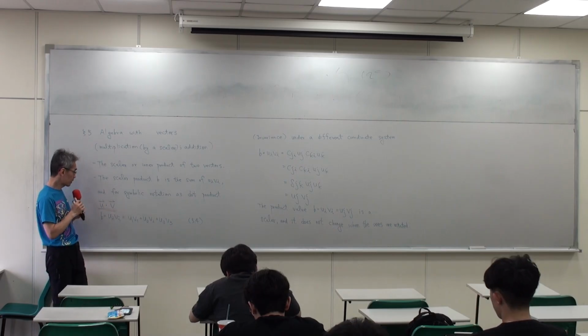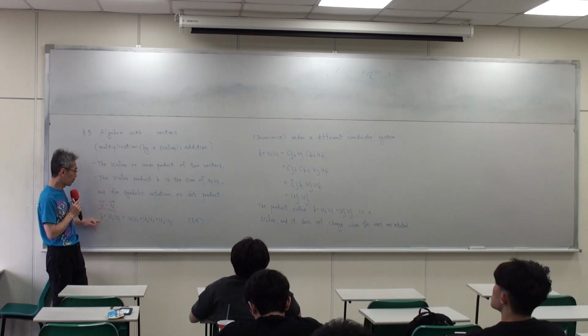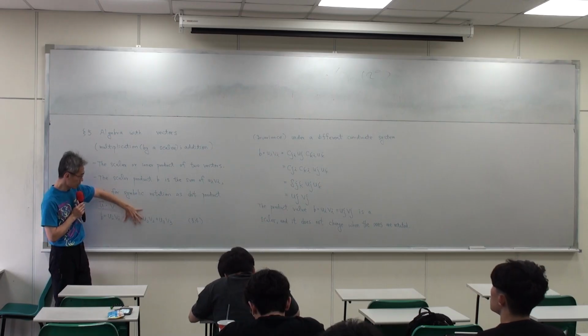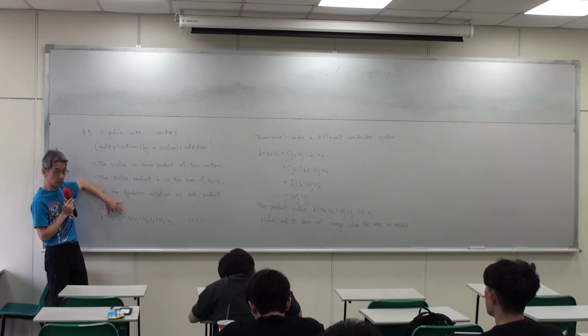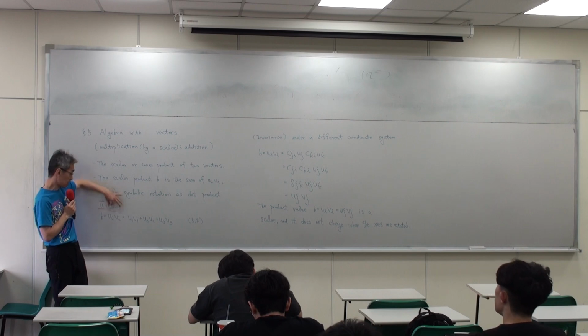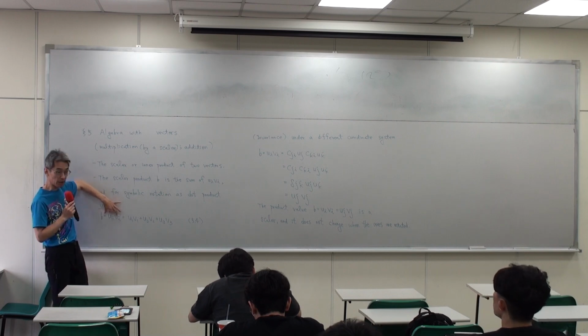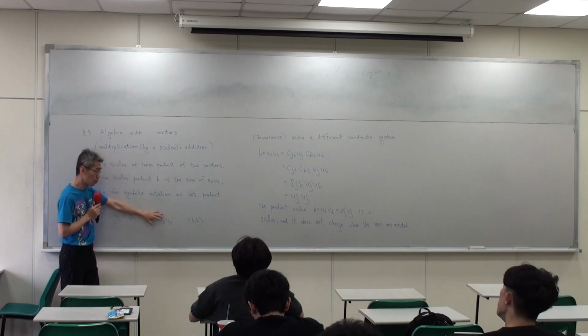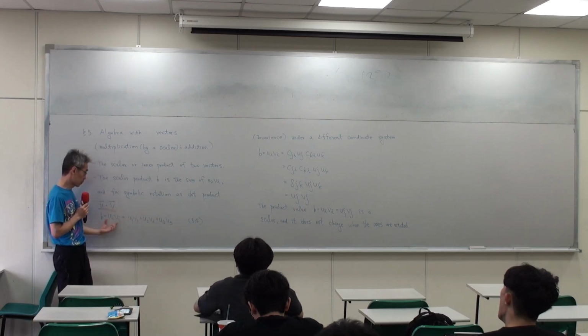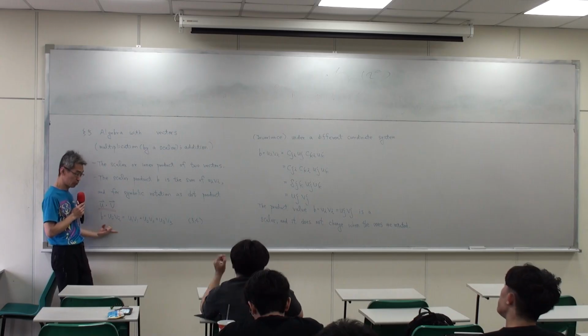And if we write it in index notation, basically we just write u_i v_i, where i is the bound index, so you need to sum. So this is a scalar term. Usually we don't write down the summation symbol because this one is more convenient.